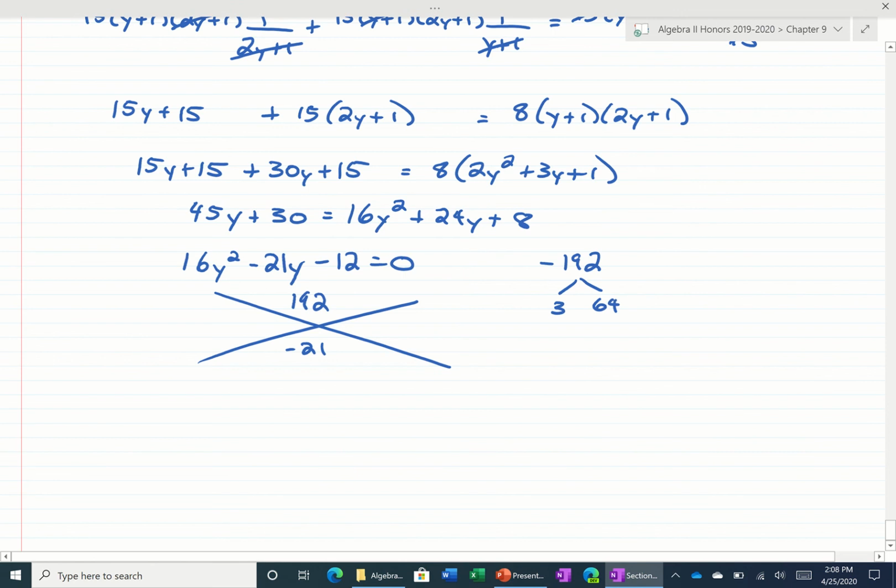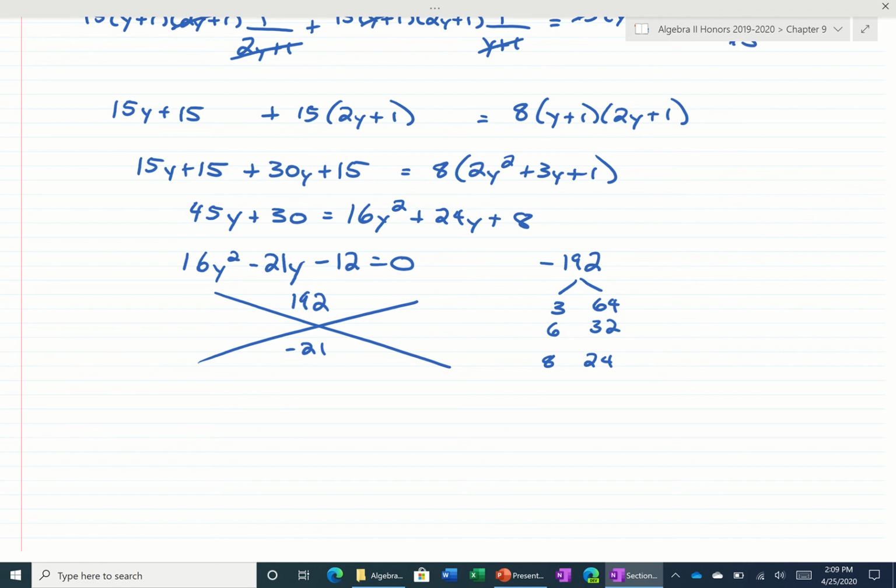We have to try to get negative 21. 192 divided by 6 and 32. No, they wouldn't add up to be 21. So 192 and 8. 8 and 24, no. Let's see, what else goes into it?